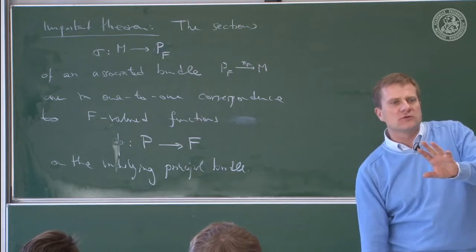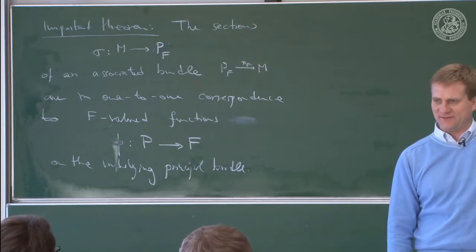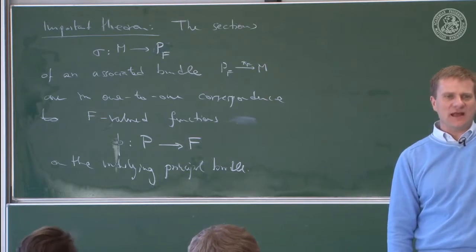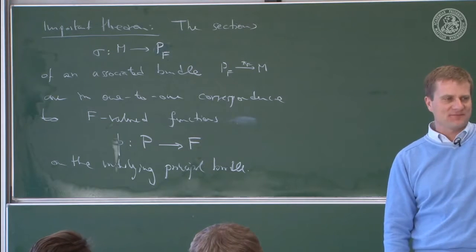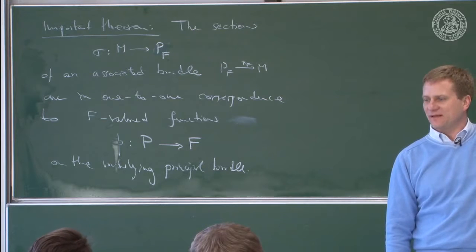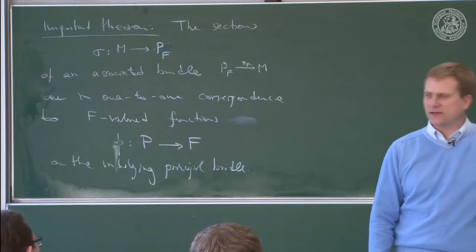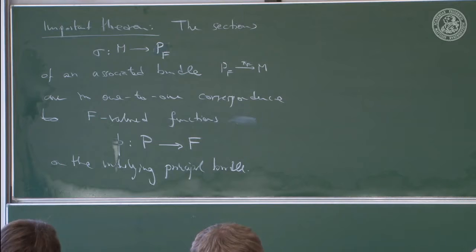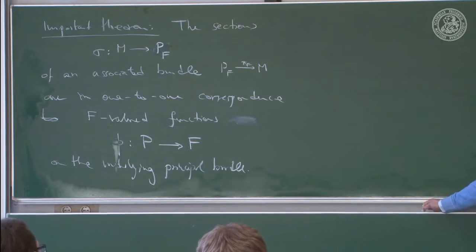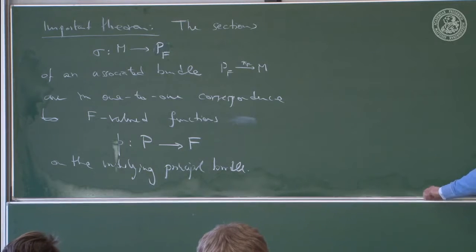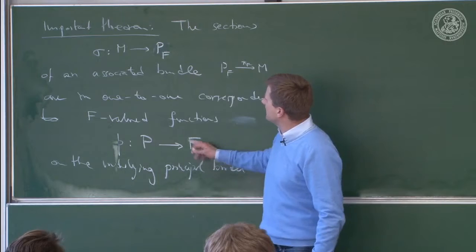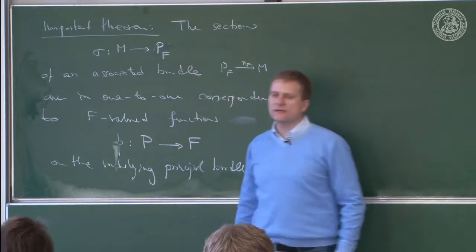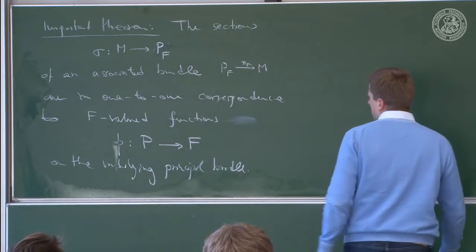But if we go to the principal bundle, and we attach to every point of the principal bundle an F, a vector, such a function directly translates to a section of the associated bundle. Okay? So that's kind of interesting, because you can always think of a section as a function, but only on the underlying principal bundle.